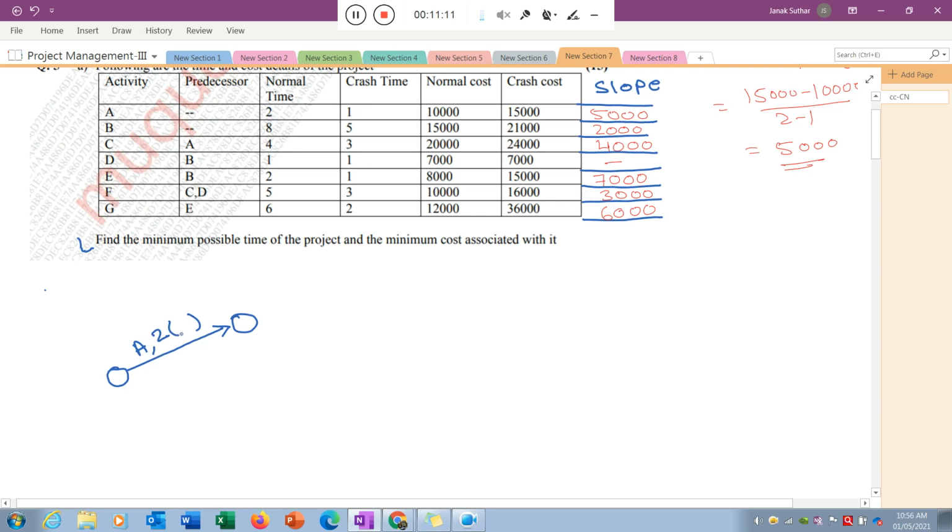This bracket value shows how much reduction is possible in that activity. Now I try to draw the next activity, which is also independent, activity B.